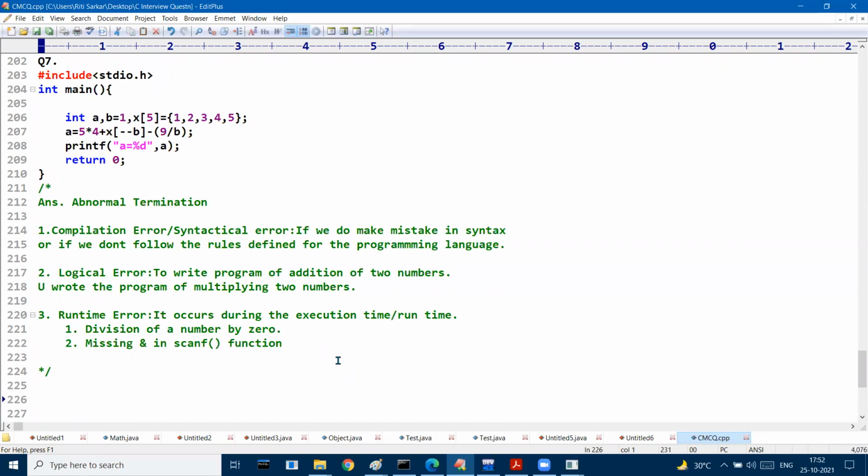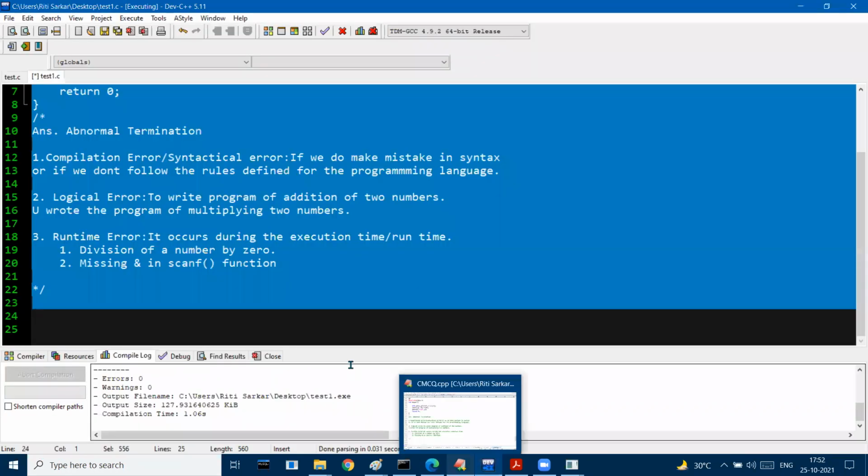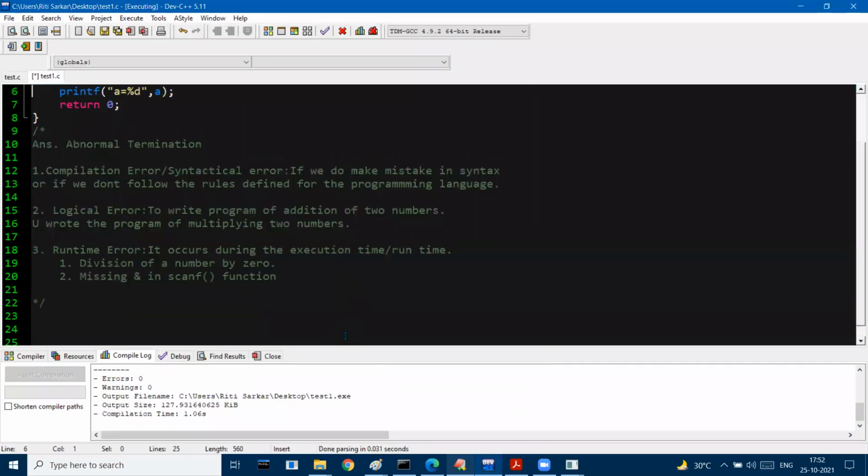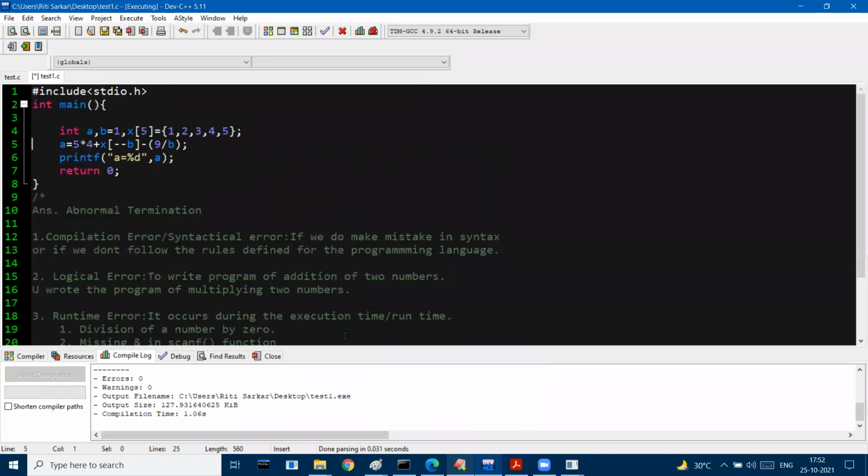Okay, guys, let us take the next one, last one for today. I'm making a small change in this code. I hope everyone will be able to give the answer. Here, 5 into 4, I'm just changing it to B++.